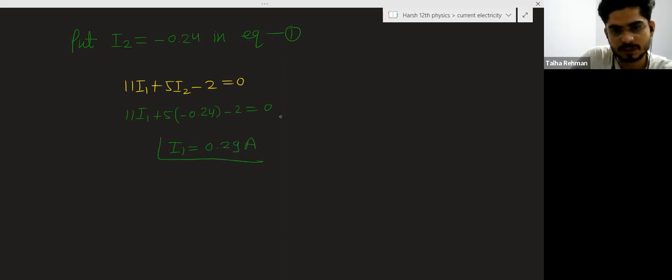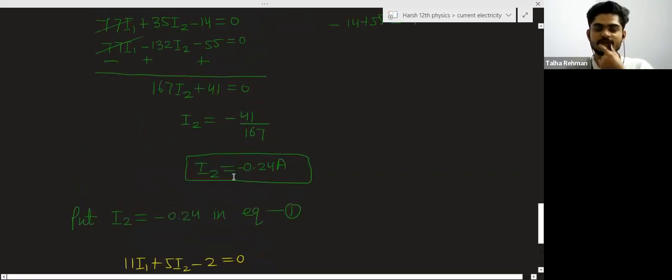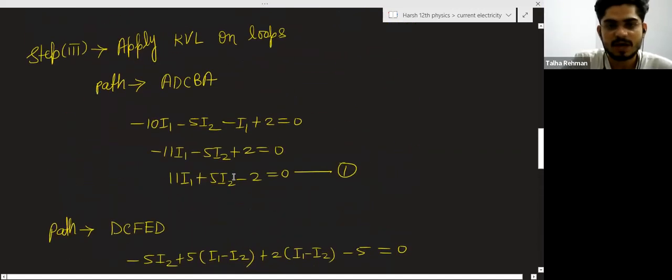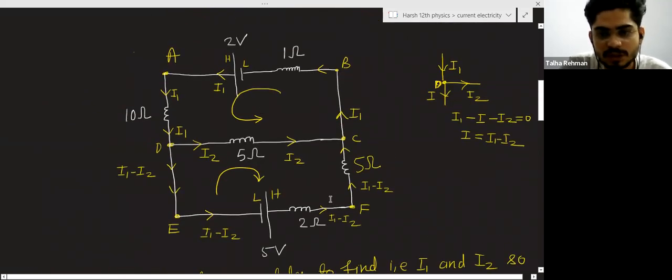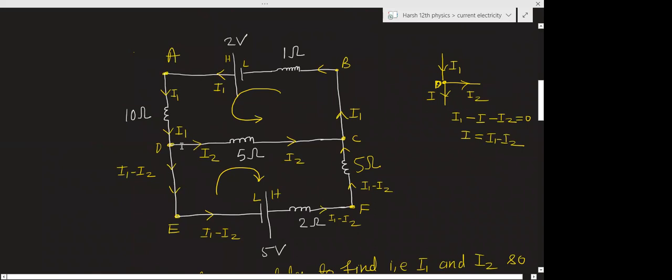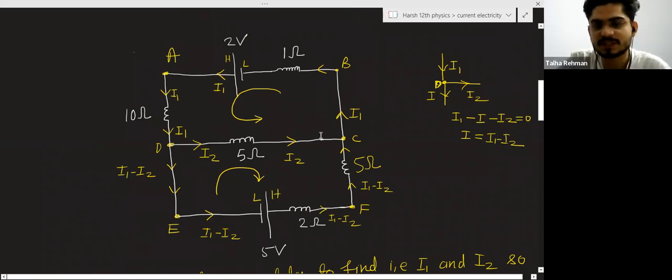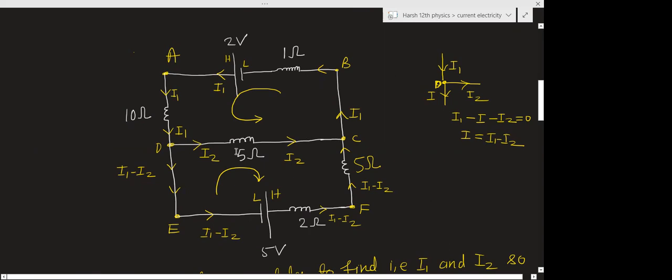One thing I want to tell you: what is the meaning of this negative sign? You have chosen I2 in this direction, but this I2 comes out to be negative. It means that this I2 is in the opposite direction.